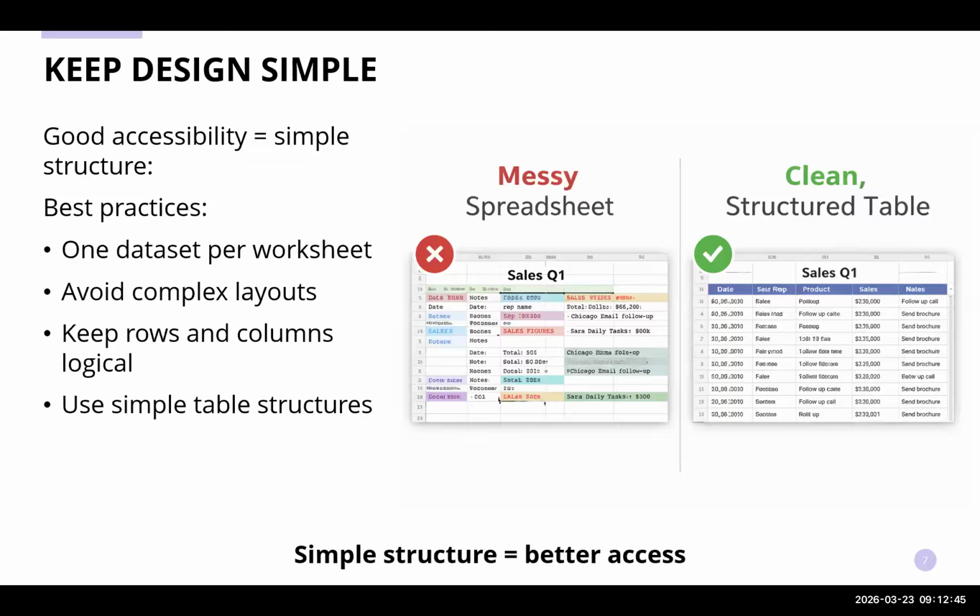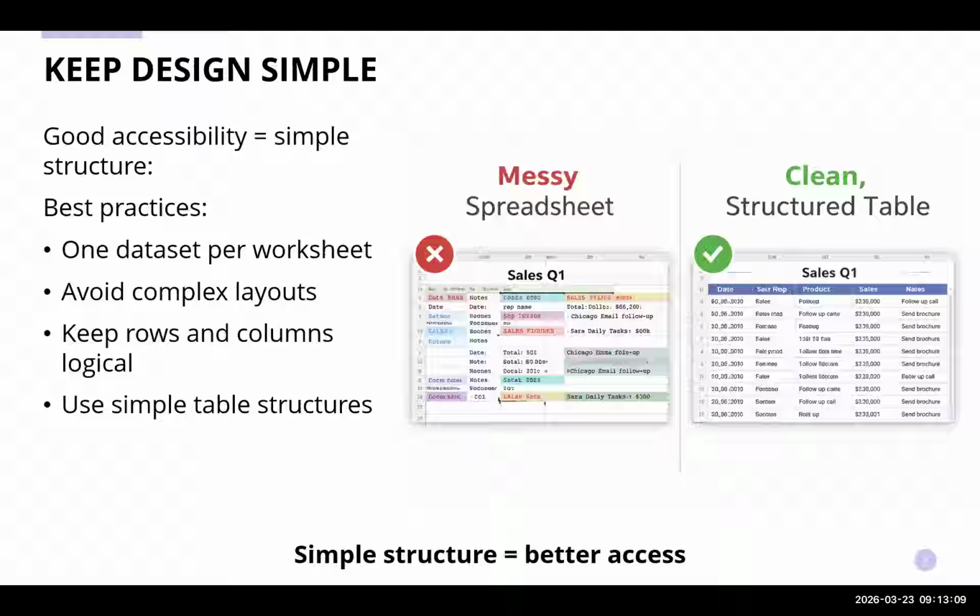Also, avoid complex layouts, things like scattered tables, irregular spacing, or creative formats which might look visually appealing but can break the logical flow of the data. Make sure to keep your rows and columns logical and consistent so that the information flows naturally from left to right and top to bottom.